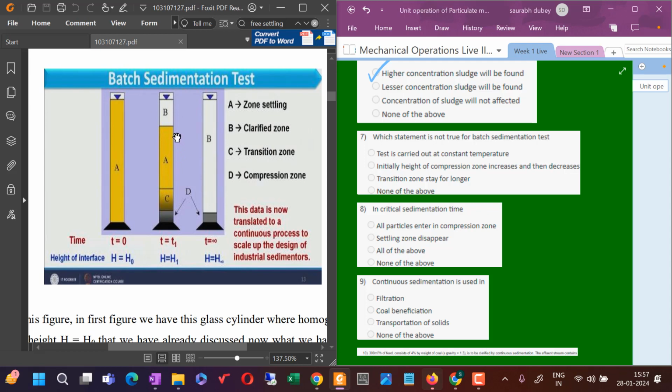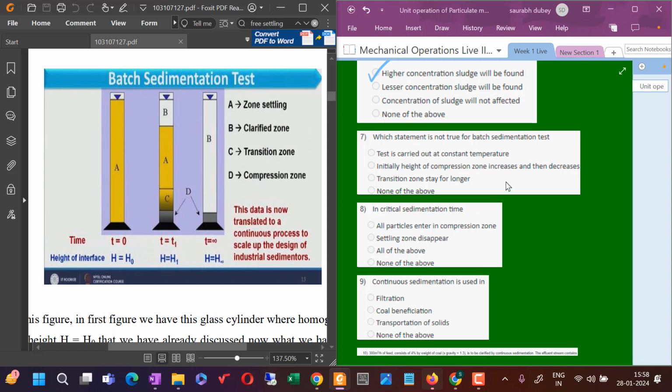Here the mix zone is there, and at the bottom most of the solid particles are being settled. That is the compression zone, and sludge will be here only. And this is the C, where the transition zone is. This transition zone appears in the intermediate state between the initial and the final state, so it doesn't stay for long.